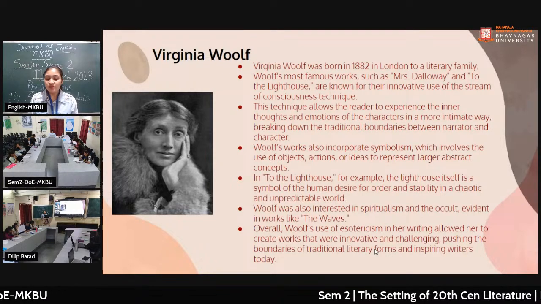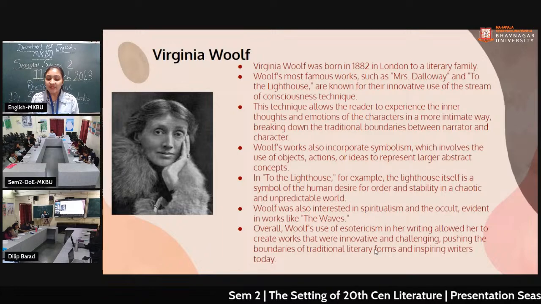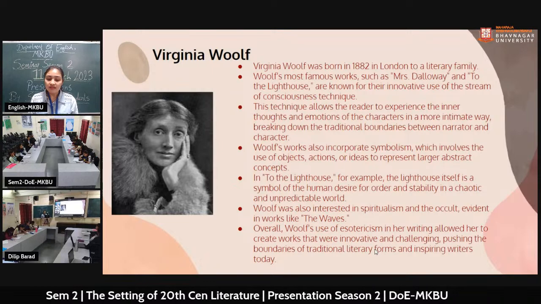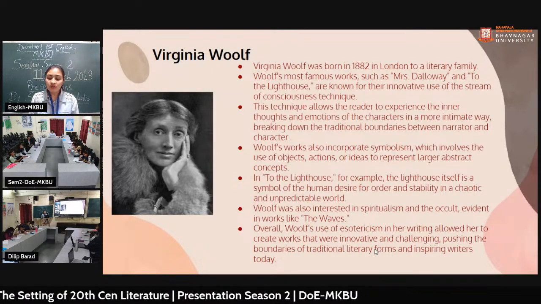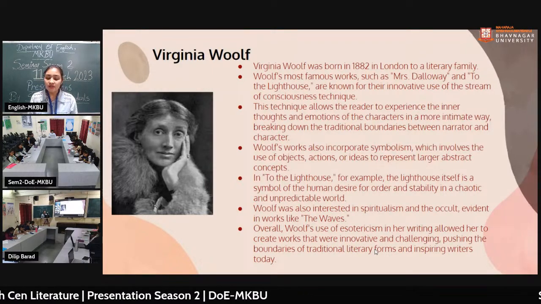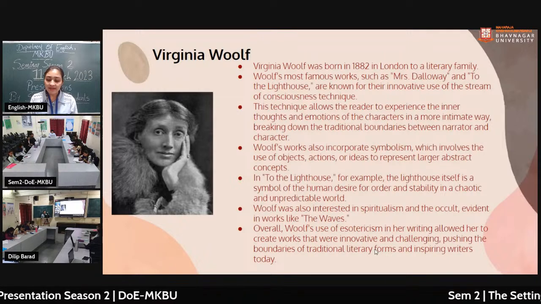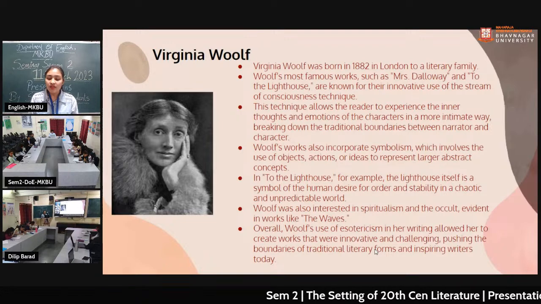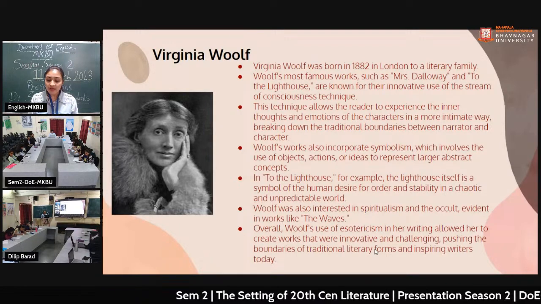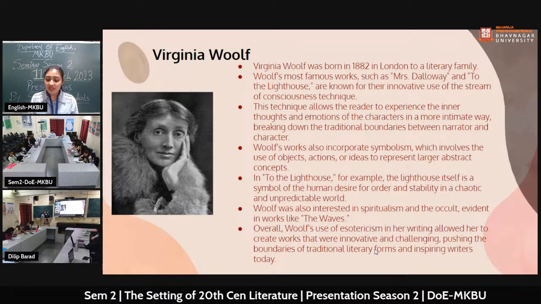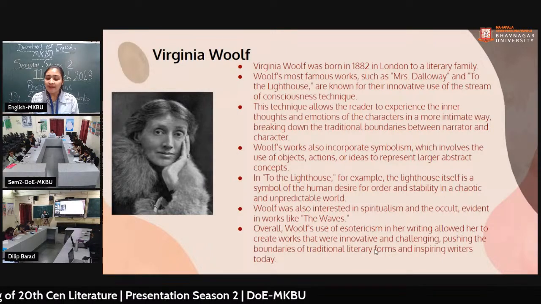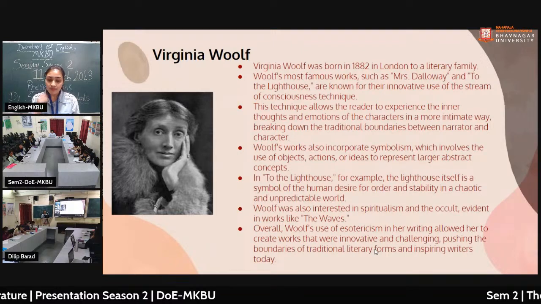Woolf was also interested in spiritualism and the occult, evident in works like The Waves. Overall, Woolf's use of esotericism in her writing allowed her to create works that were innovative and challenging, pushing the boundaries of traditional literary forms and inspiring writers today.